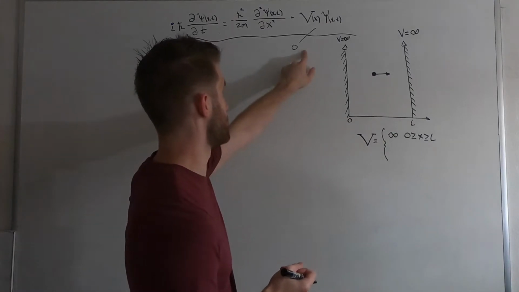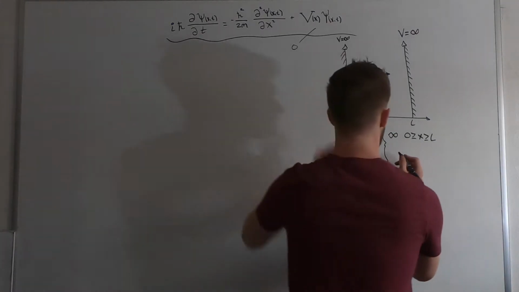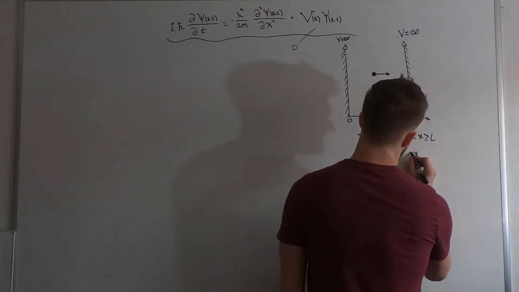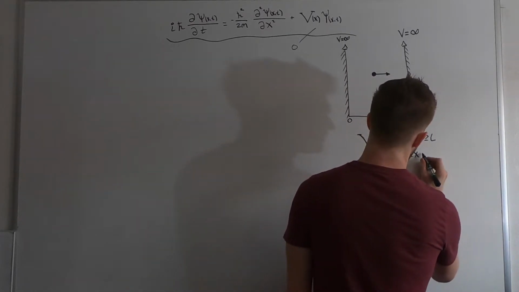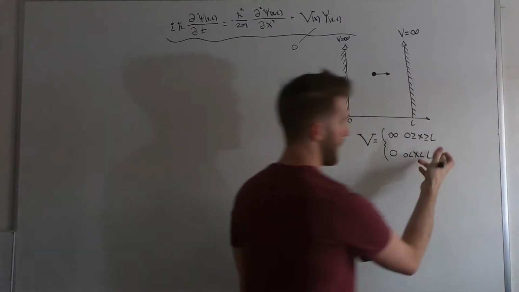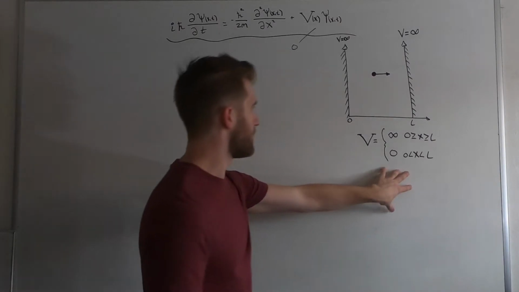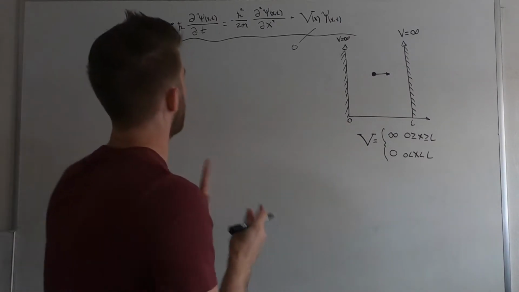And to remove the dependence upon the potential, we are going to ensure that it is 0 whenever x is greater than 0 and less than L, the length of the box. So this is our first set of conditions that we have to work with.